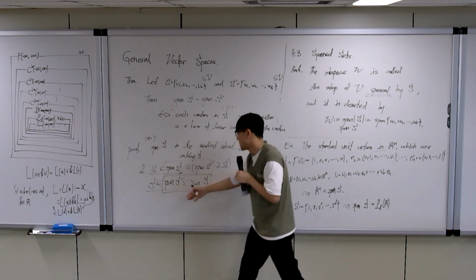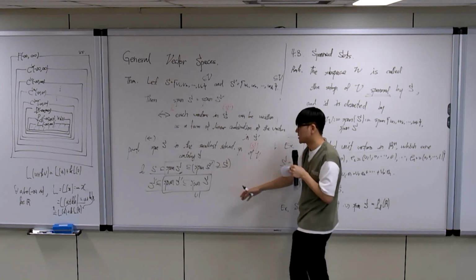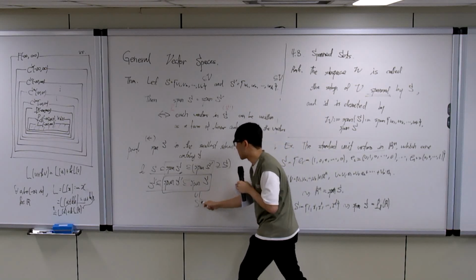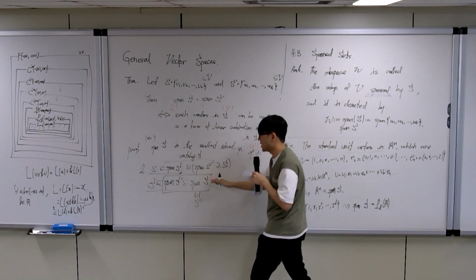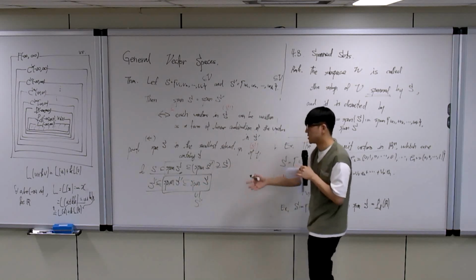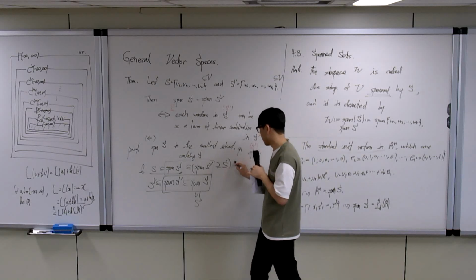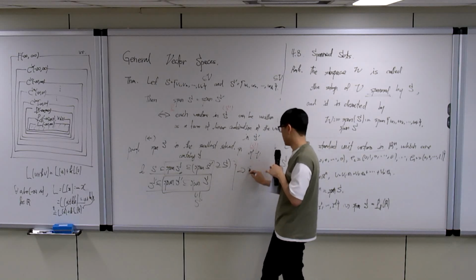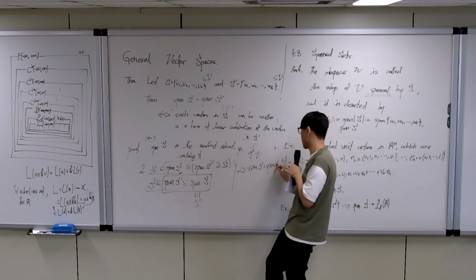And similarly, the space spanned by S contains S prime from our assumption, so it contains the smallest subspace spanned by S prime. For that reason, we get that span S is the same as span S prime.